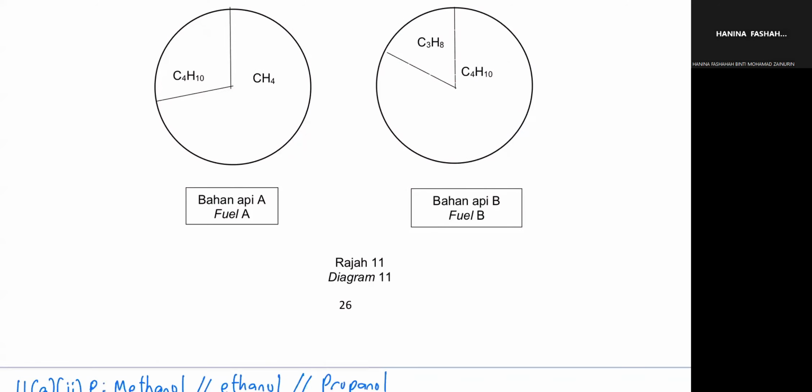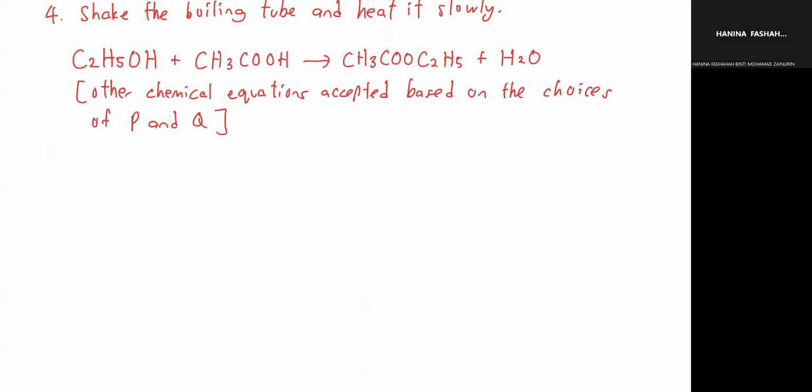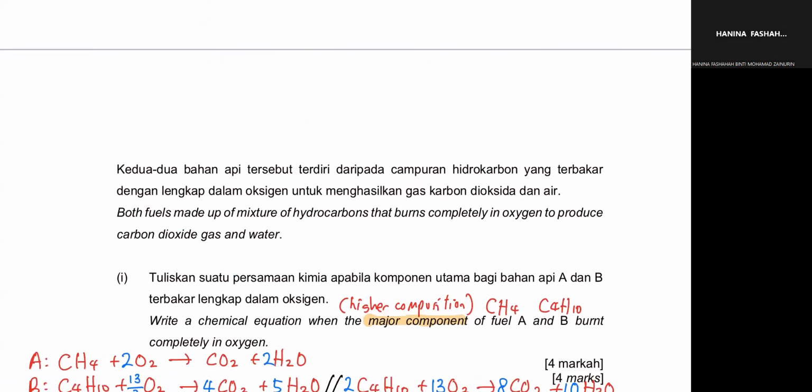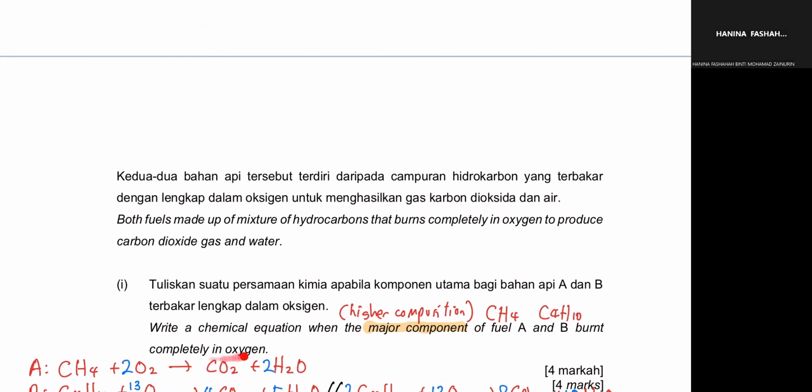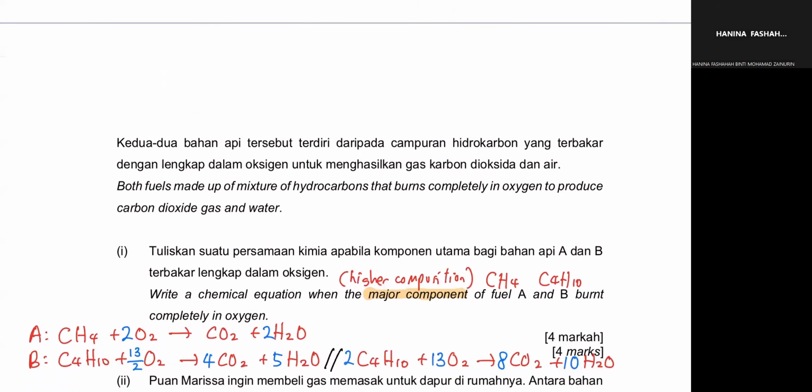You have to write the chemical reaction out. They react with what? Oxygen. Burn completely in oxygen to produce carbon dioxide, and just write the equation. Remember to balance: CH4 reacts with O2 to produce CO2 and H2O. Then 2 and 2.